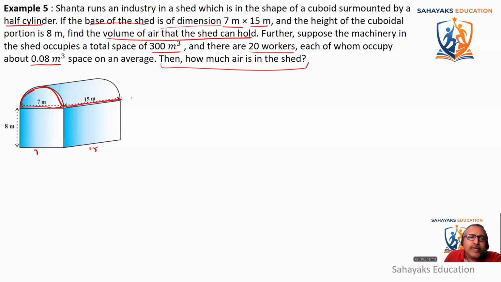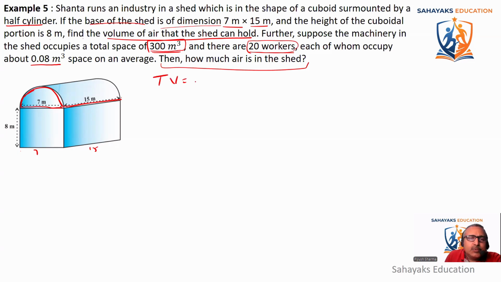First of all, we have to find the volume, and then we have to find out how much air is inside after reducing the volume of the machinery and the workers.